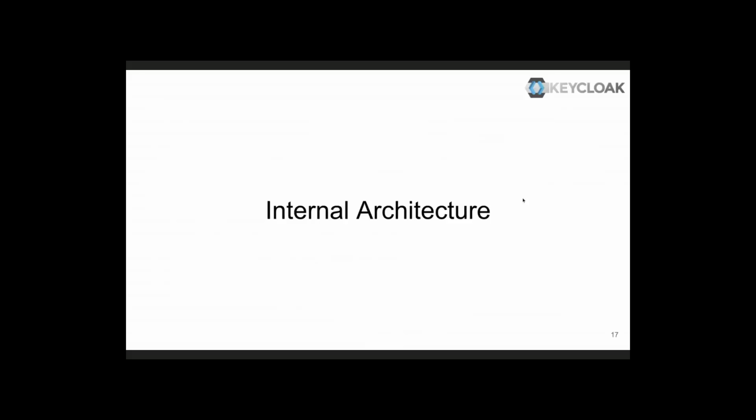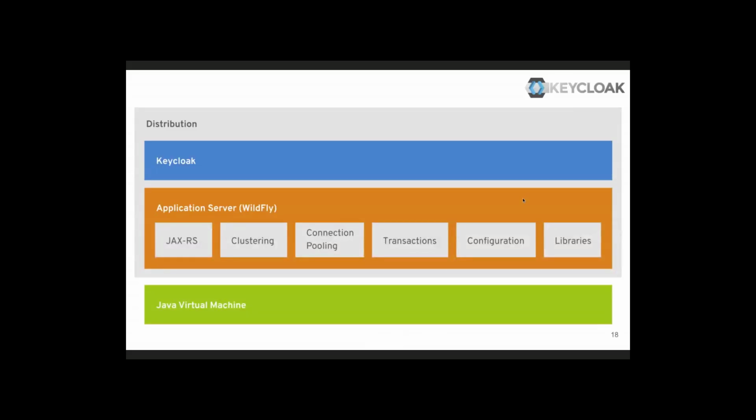So let's take a little look at the internal architecture for KeyCloak. KeyCloak is built on top of an application server, and we've chosen to use Wildfly, which obviously the application server is then layered on top of the Java virtual machine.